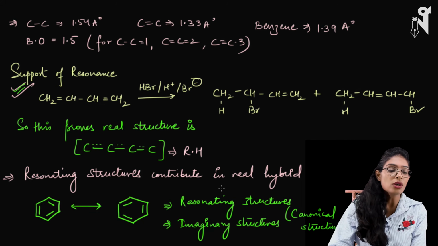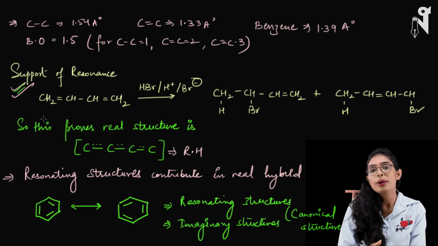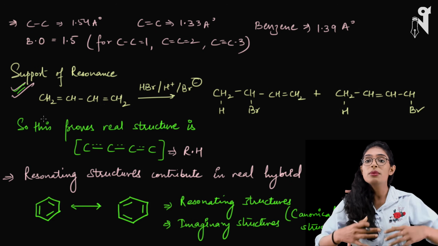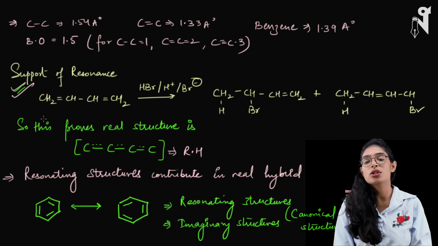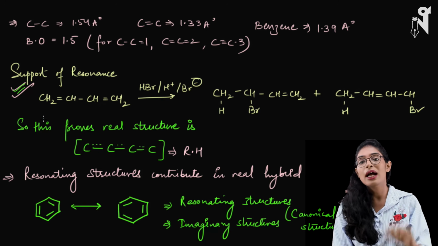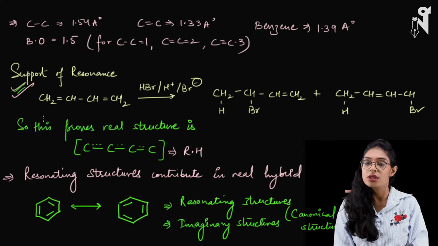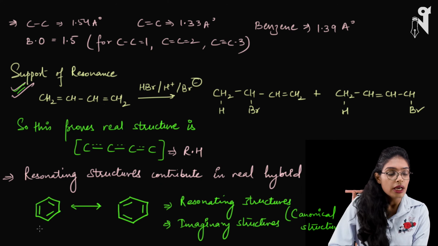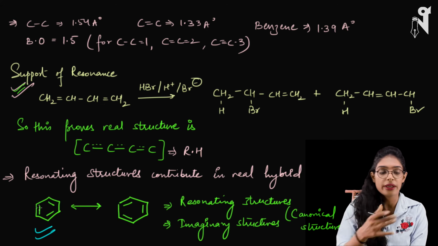Okay, so if I talk about resonating structures, I told you these structures which we draw on paper are not real, but the resonance hybrid, which is formed by looking at all the structures and compiling them into one structure, is the actual real structure, but it cannot be explained through hybridization. So for benzene, as I mentioned, benzene has three double bonds at alternate positions.